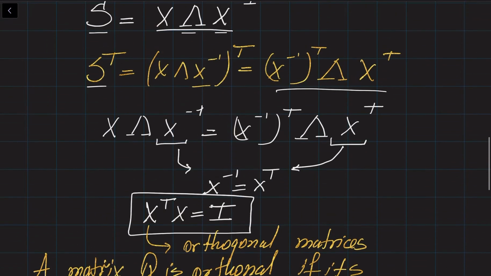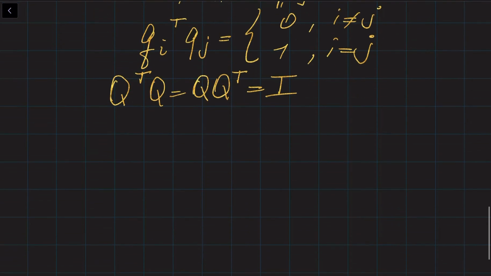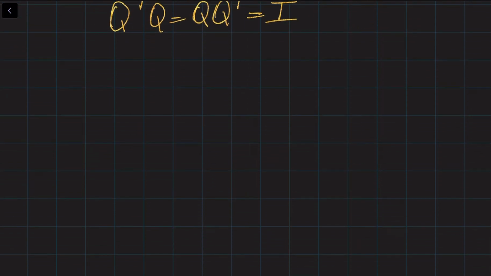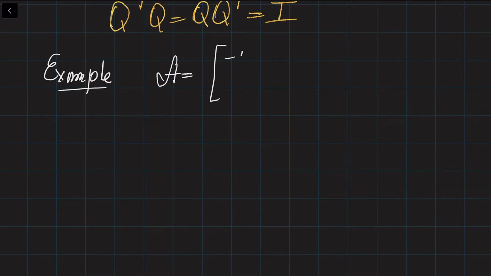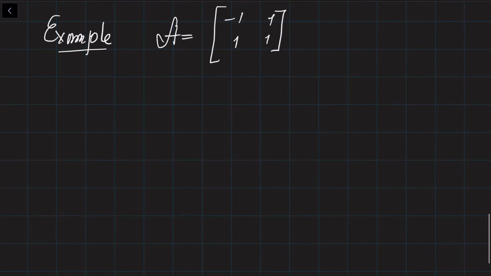So let's do an example with orthogonal matrices, to try to understand a little bit deeper what it means that a matrix is orthogonal. Let's say you are given a matrix A with the columns (-1, 1) and (1, 1). Could you please tell me whether this matrix A is orthogonal?